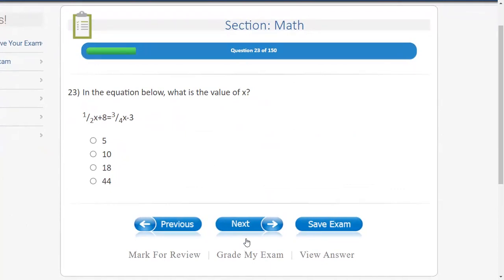No, it's half x plus 8 and 3/4 of x minus 3. Oh, it's okay. Half x plus 8 looks kind of weird. Okay, I'm gonna write that down. Half x plus 8 is equal to 3/4 x minus 3. Okay, it just looked kind of weird.